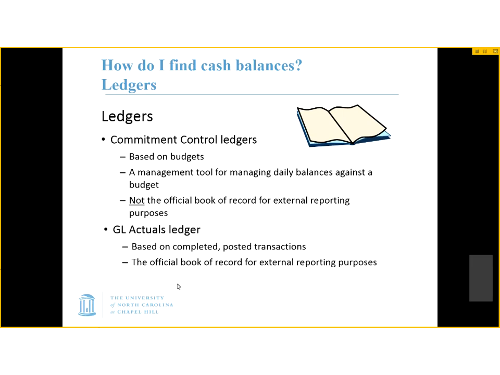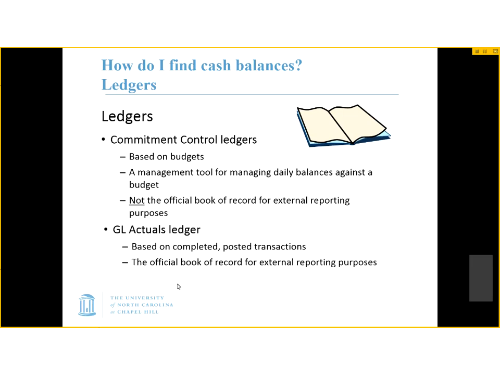And really the purpose of the commitment control ledgers is a management tool for managing your day-to-day balances against a budget. And it tells you, at any given point in time, that balance reflects all transactions that you've entered into the system that have passed budget checking, regardless of whether they're complete or not, or posted. So it gives you that minute-by-minute sort of look. But it's not the official book of record for external reporting purposes, and you'll see why in a minute.